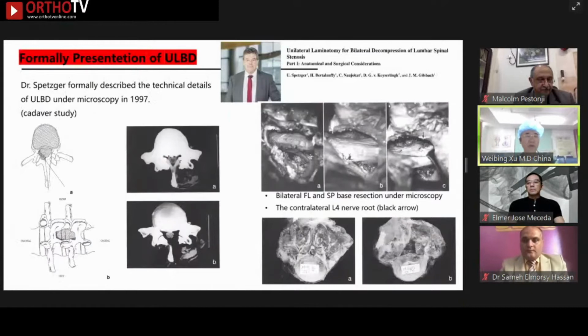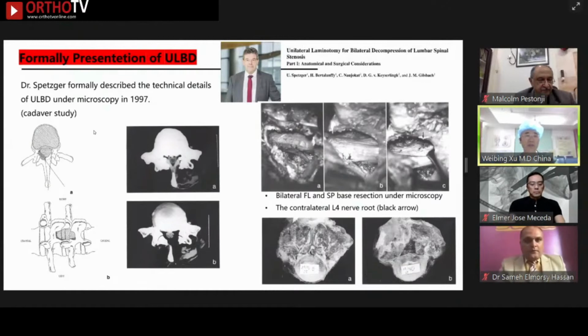The German doctor Spetzger formally described the technical details of ULBD under microscope in 1997. First, he did the cadaver study. Then he also did the clinical study.